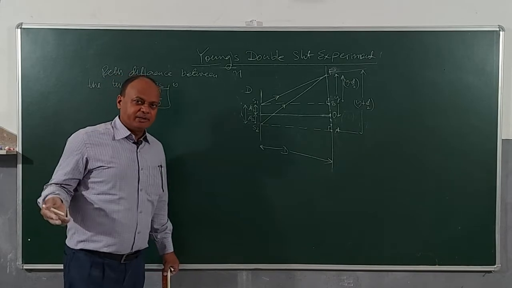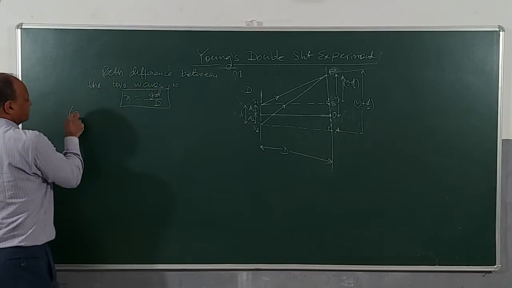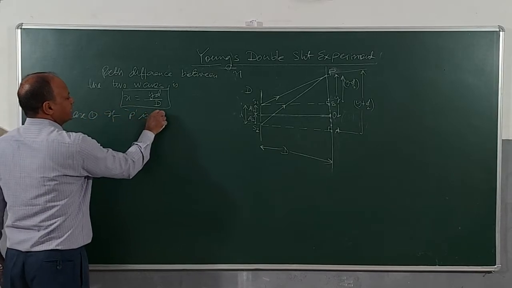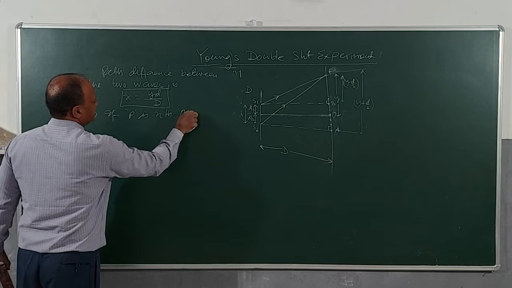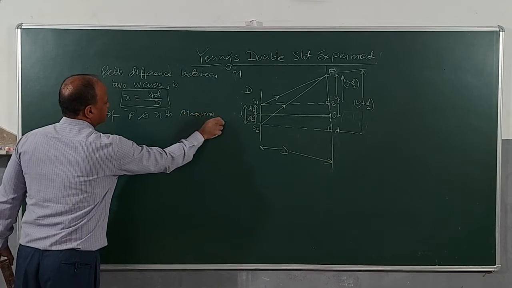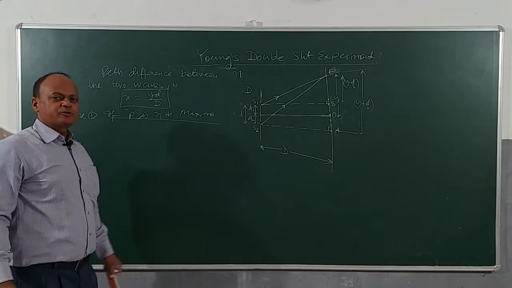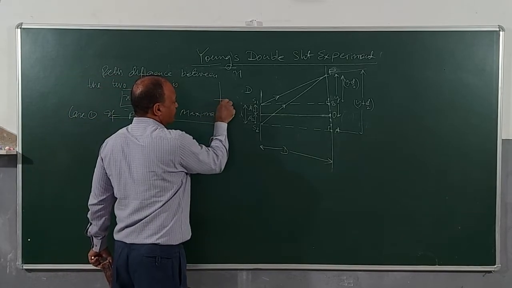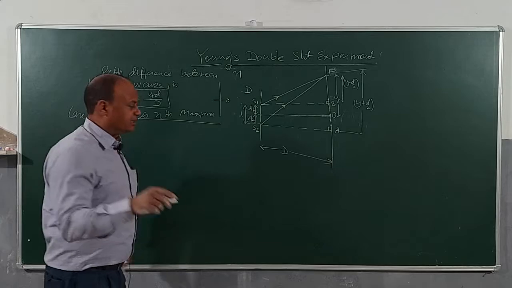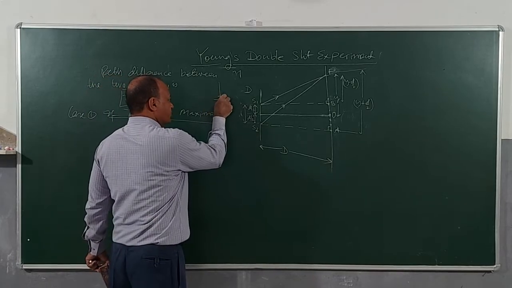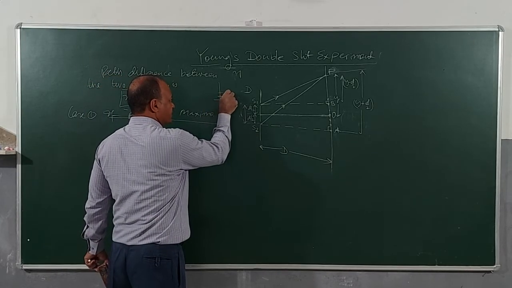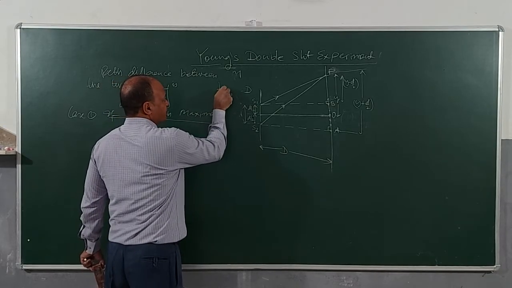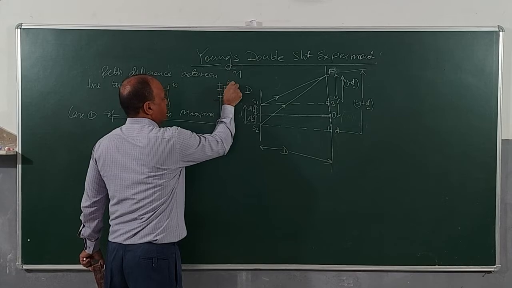So case 1, if P is nth maxima, now you must understand this. Nth maximum is what? Nth bright spot. See, this is our central maximum O. So you must understand like this: this is first dark D1, first bright B1, this is taken as 0. Second dark D2, second bright B2.